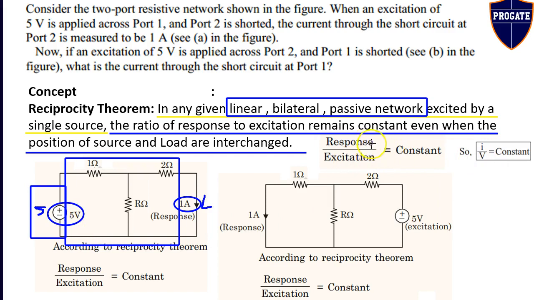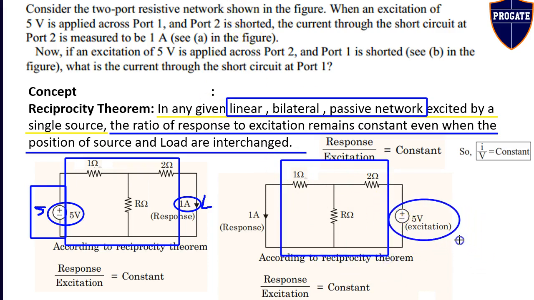So in figure A, the response is the short circuit current I, and the excitation or input is V, the 5 volt voltage source. Coming to figure B, he is stating that now at port 2, a 5 volt voltage source is applied. That is, the excitation is now given at port 2 and he is asking what is the response at port 1.